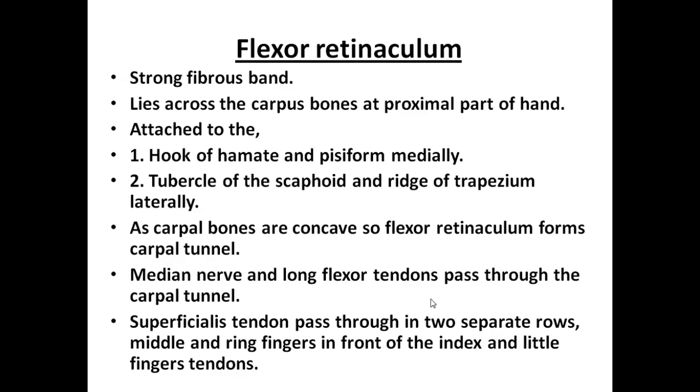The tendons of the flexor digitorum superficialis arrange themselves into two separate rows, superficial and deep. The superficial row contains the middle and the ring finger, while the deep row contains the tendons of the index and the little finger.